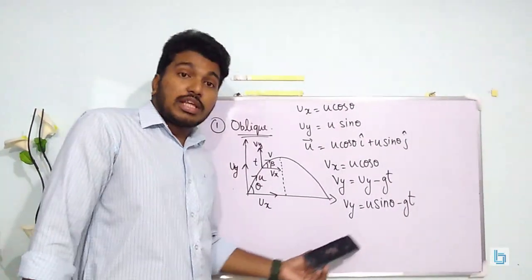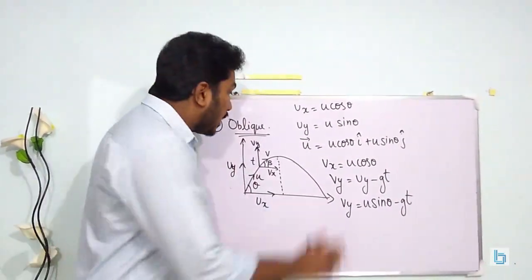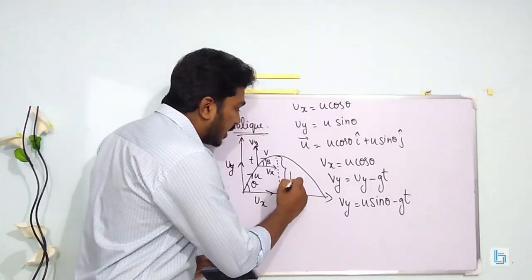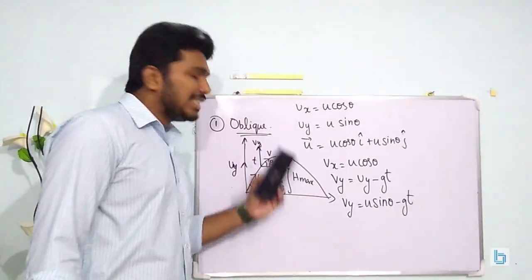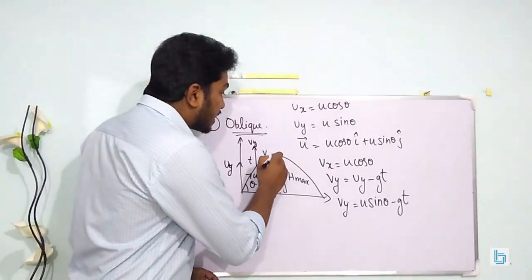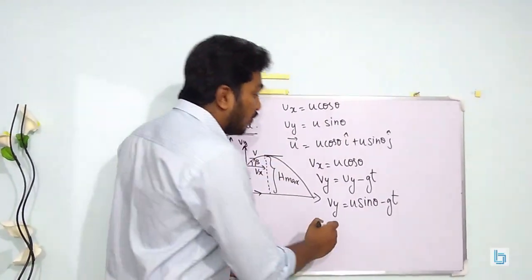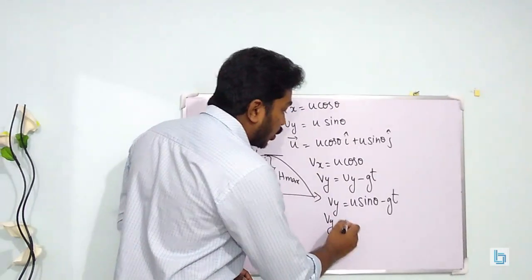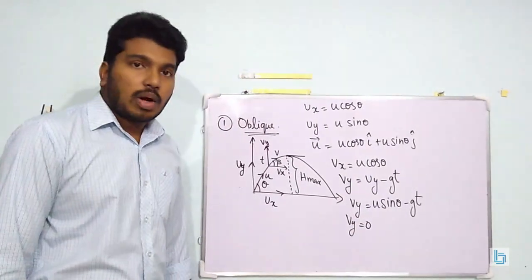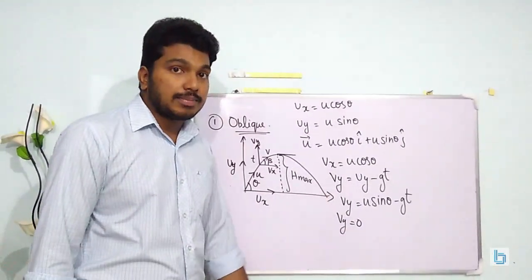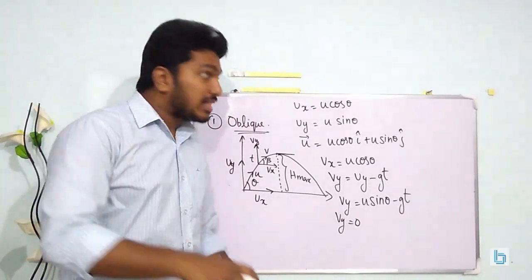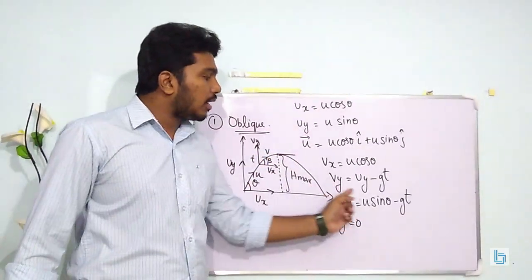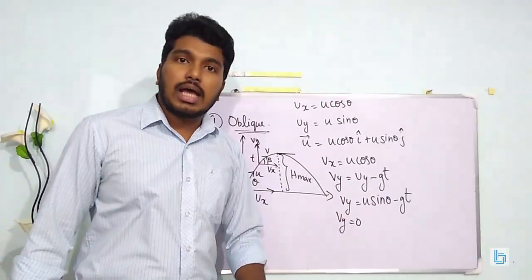So the vertical component keeps on varying, and the maximum height attained by a projectile. At the maximum height, the vertical component of velocity will be 0. So what is the velocity at the maximum height? It is not 0, because there is a horizontal component there, right? That's constant.